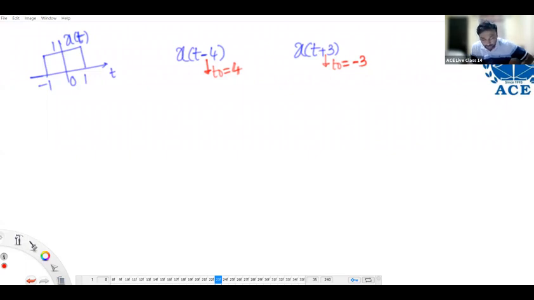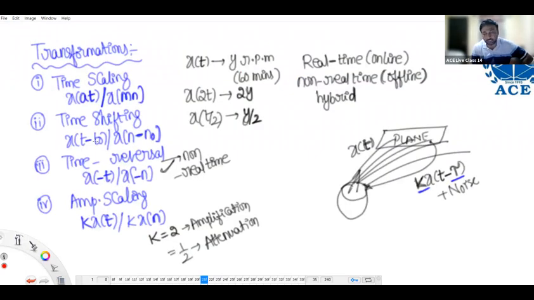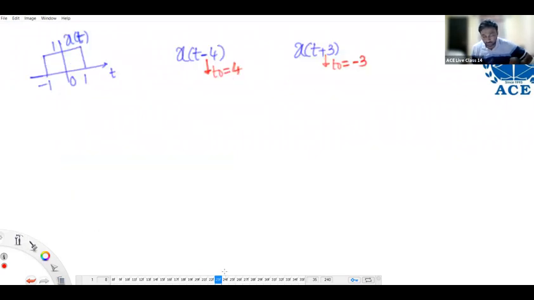How do we represent shifting? x of t minus t naught. Shifting means t minus t naught is our symbol. First, t naught is +4, then t naught is -3. Whatever the shift we have, add it to the time axis. First, the shift is 4, so add 4 there, such that the rectangle now extends from 3 to 5, that is 4 minus 1 to 4 plus 1.